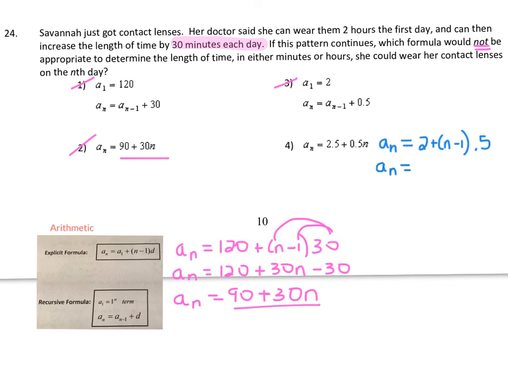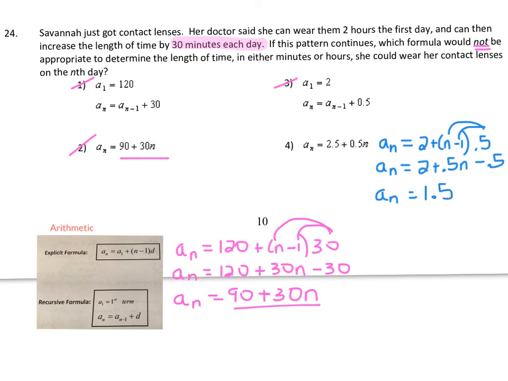All right, so we have A sub n equals, I'm going to bring the 2 down, and when I distribute the 0.5, that's going to give me plus 0.5n and then minus 0.5. Okay, so I just distributed the 0.5 to both of these terms. Now when I combine my like terms, 2 minus 0.5 is 1.5.